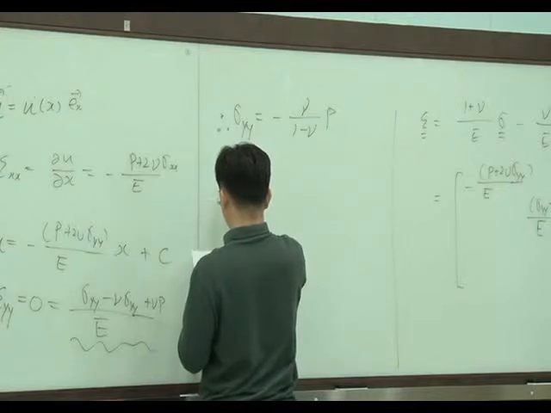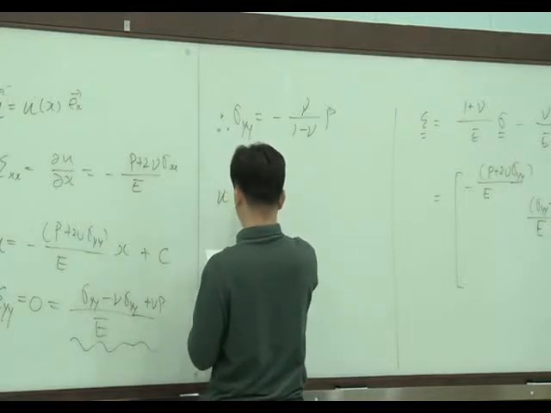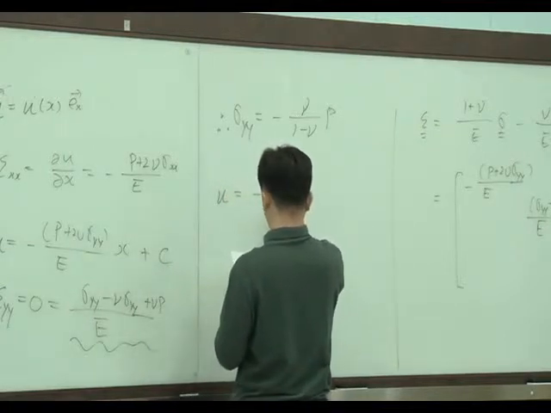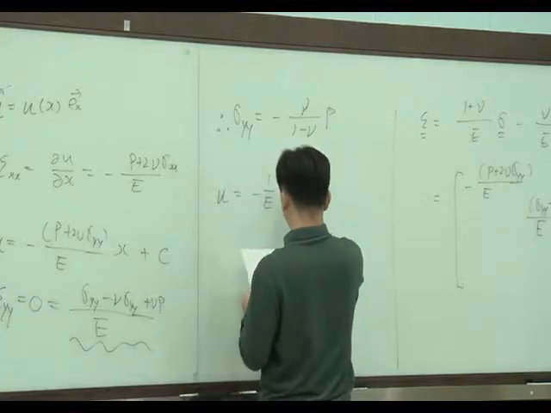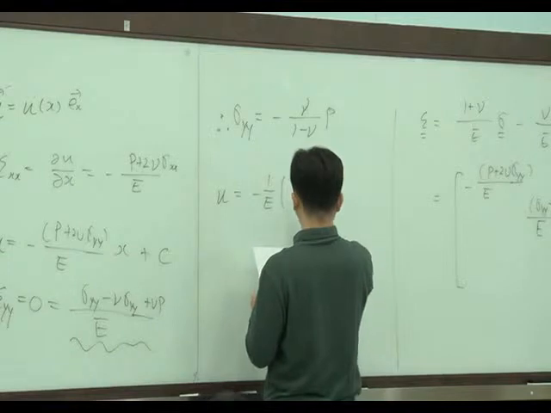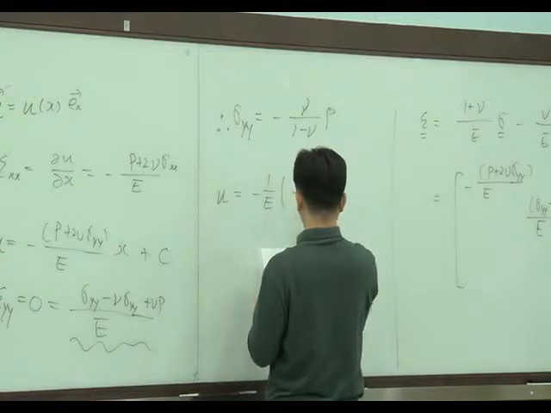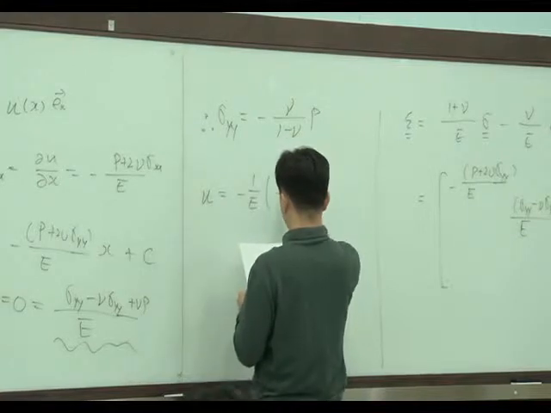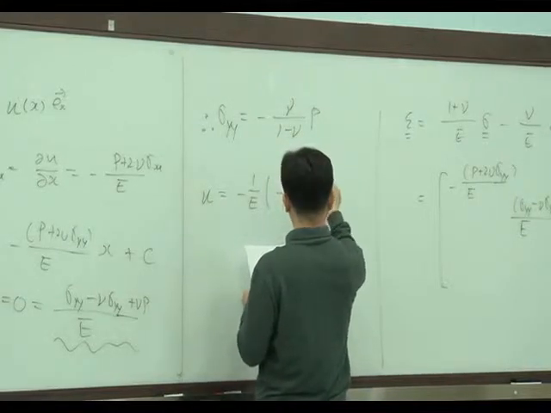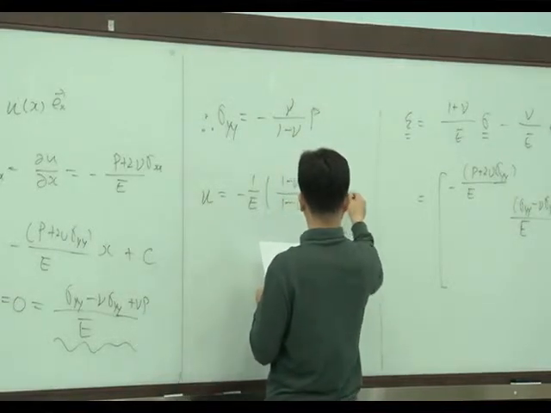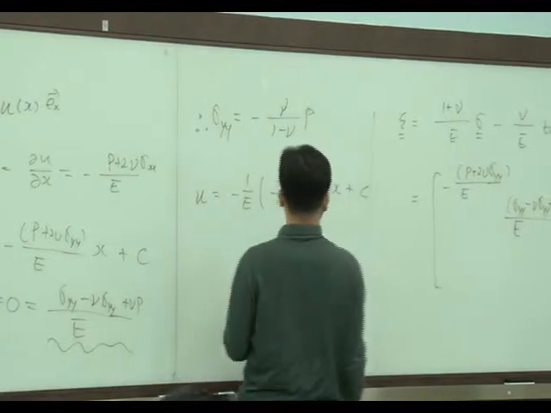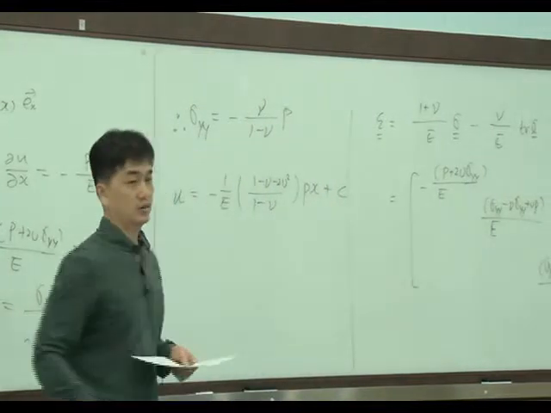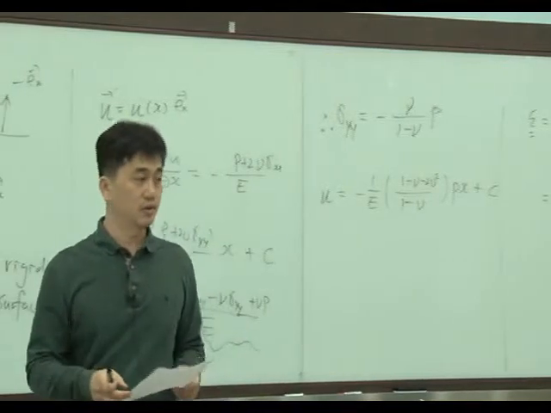Then displacement U become an equation that becomes a little bit complicated. Here, Px plus C, material constant C. So now we have only one unknown C.